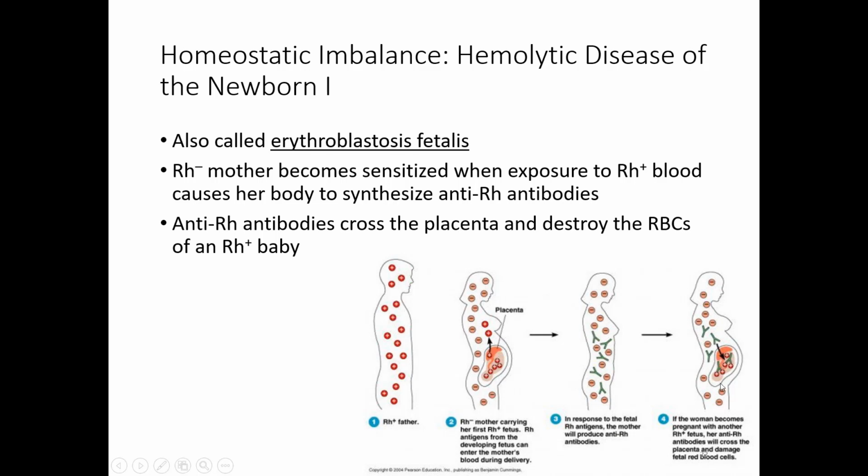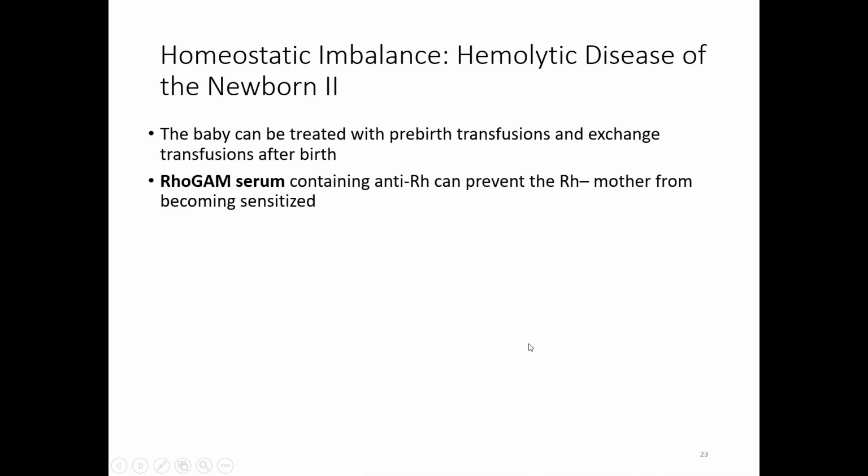And when she's pregnant for the second time, and again the baby is Rh positive, those antibodies can cross the placenta and damage fetal red blood cells. As a result, the baby can develop hemolytic disease of the newborn. It's when the baby's skin becomes yellow and some internal organs will be damaged.